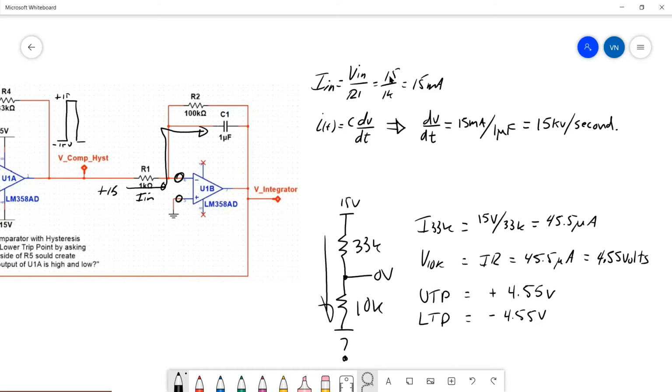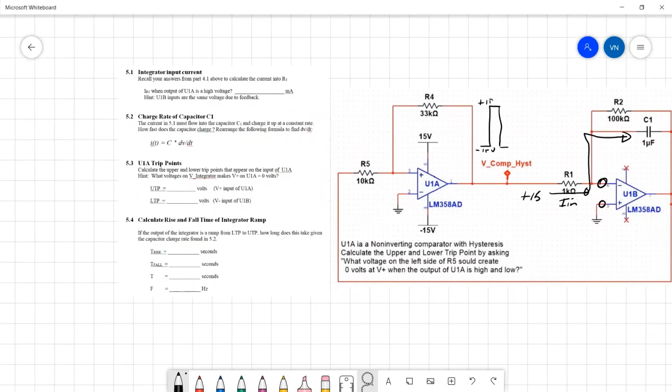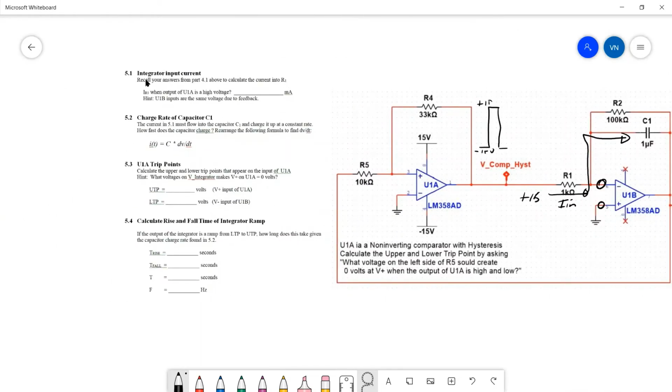So it's 15 volts, the output from the comparator, over 1K. You're going to get about 15 milliamps going into that capacitor at a constant rate. So that is the first answer here: integrator input current, when the output of U1A is a high voltage, 15 volts, you should get about 15 milliamps.